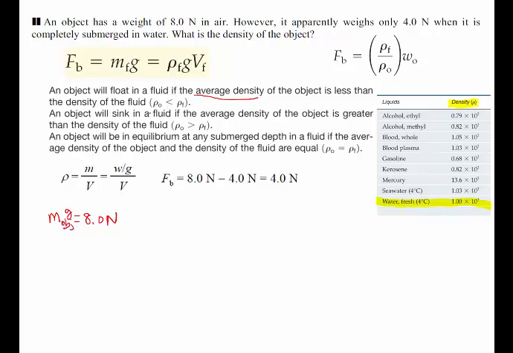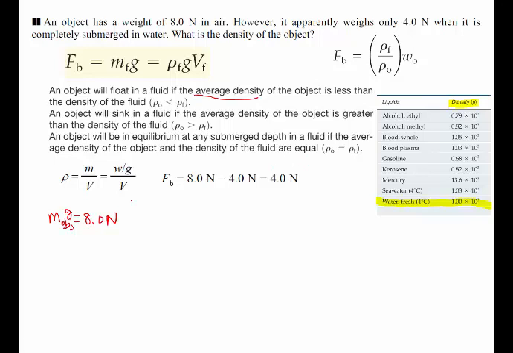Or an object will sink in a fluid if the average density of the object is greater than the density of the fluid. Or an object will be in equilibrium at some submerged depth in a fluid if the average density of the object and the density of the fluid are equal.